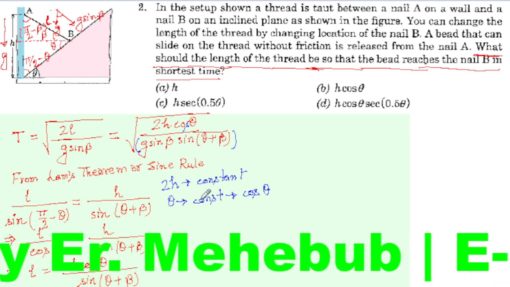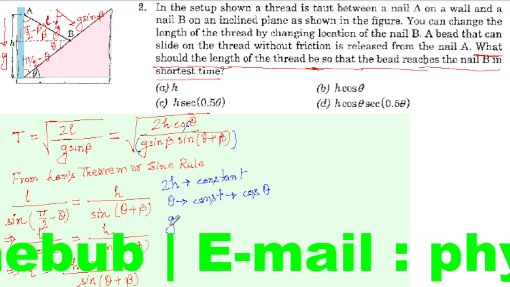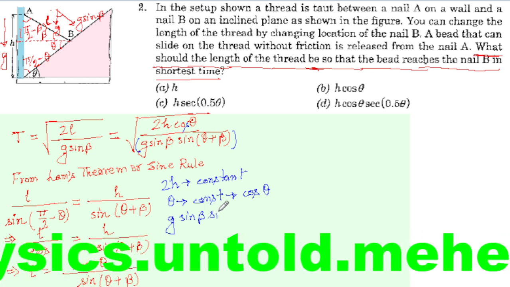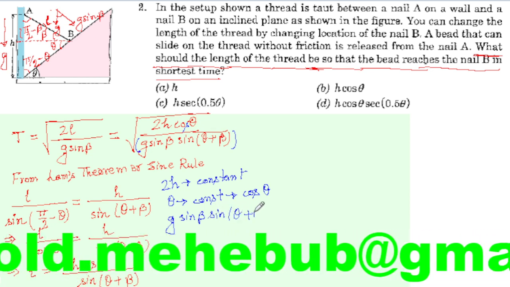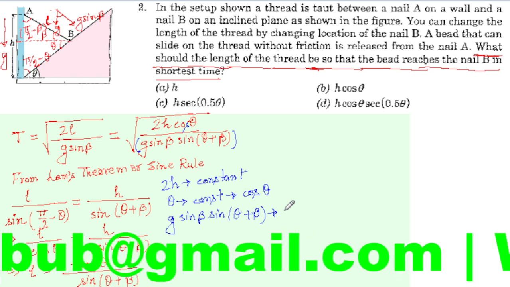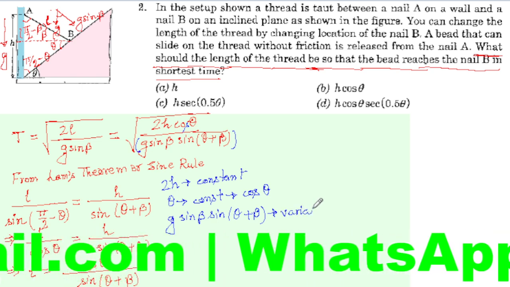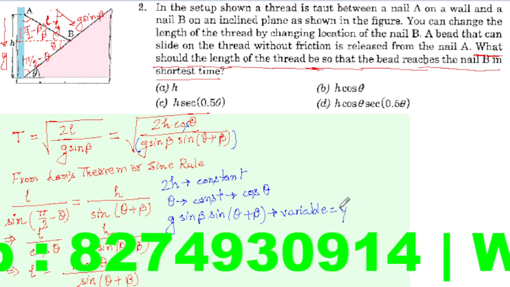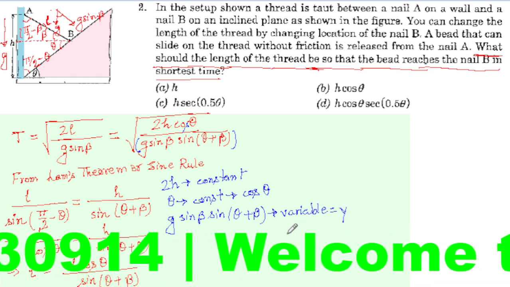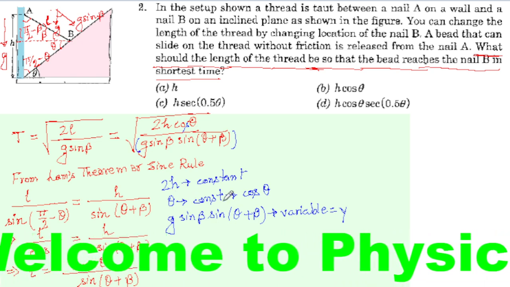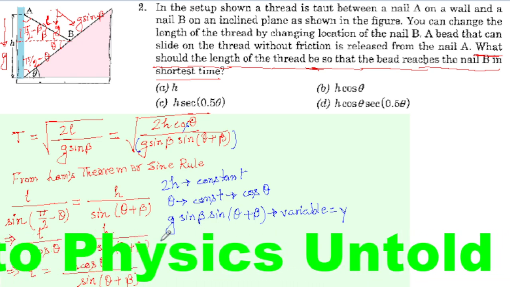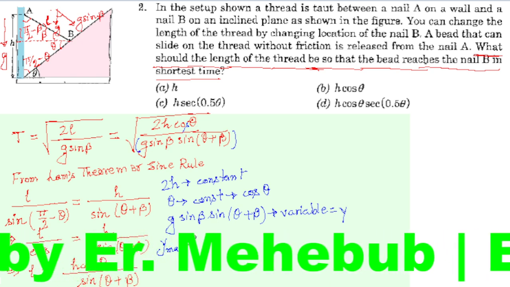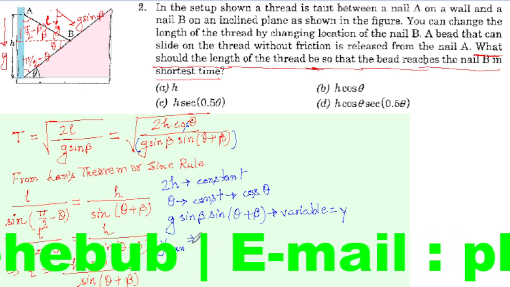Therefore the expression g sine beta into sine of theta plus beta is variable. Let this variable be y. For time to be minimum, the variable y must be maximum, so to find the maximum value of y we use the maxima minima theorem.